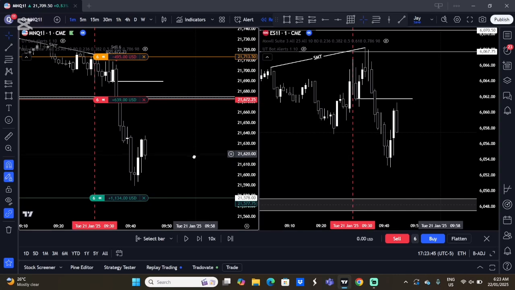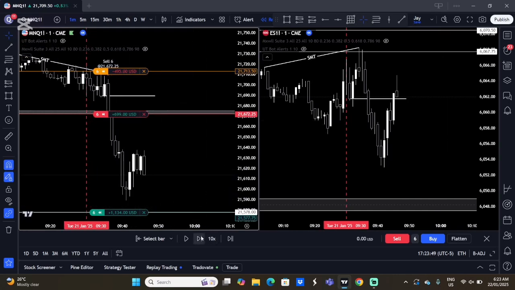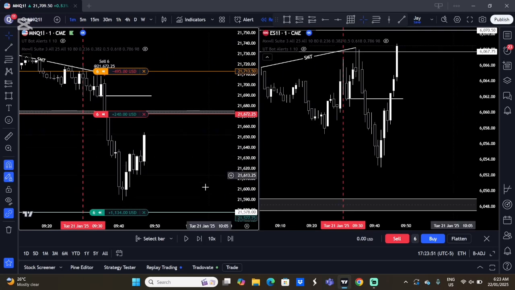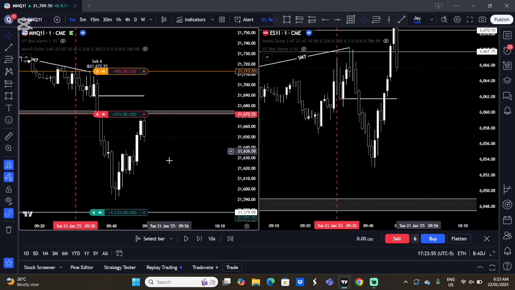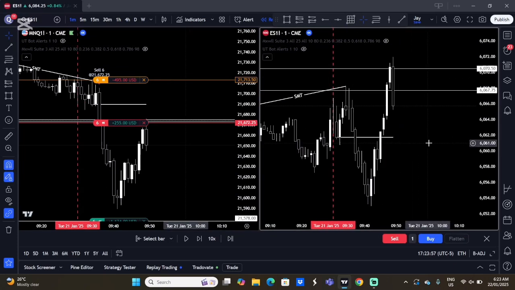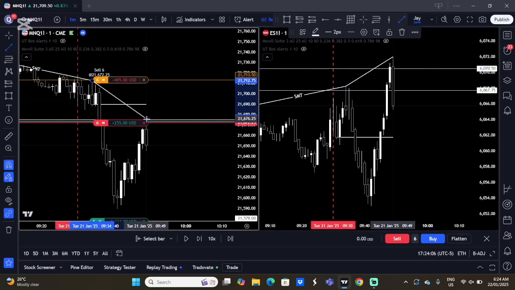But we just keep watching the chart because something absolutely incredible happens right here. As you can see, once again, higher high, lower high.